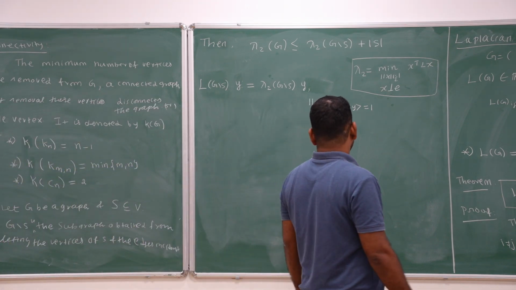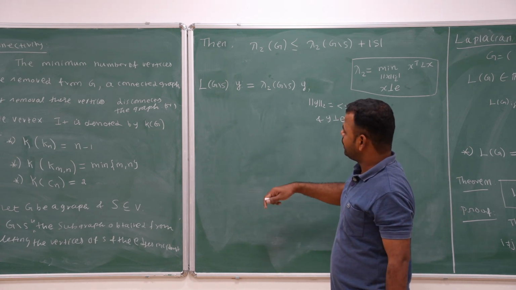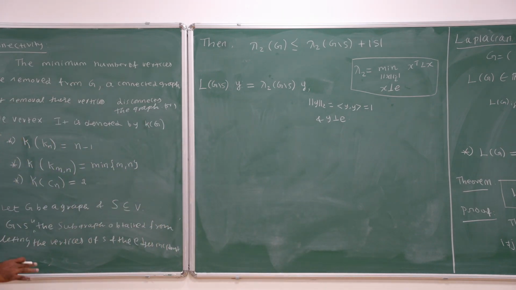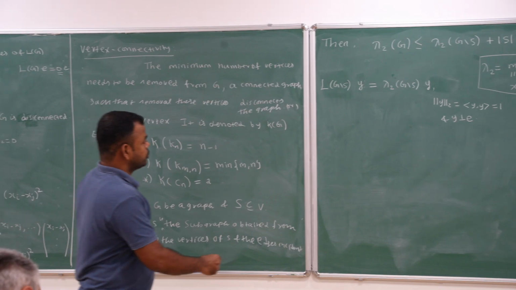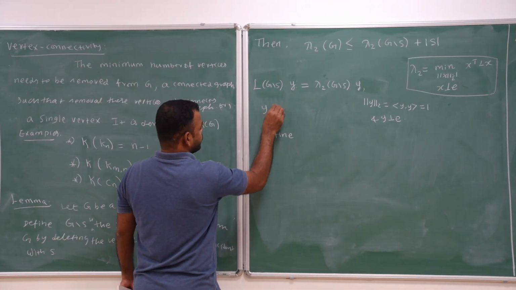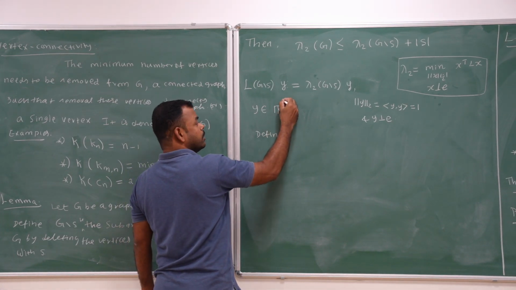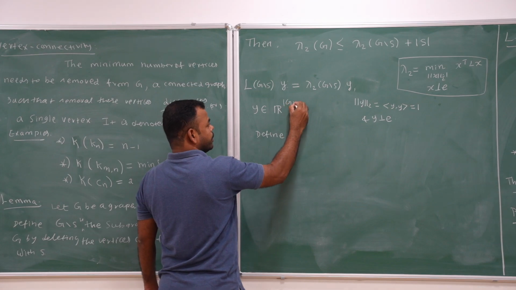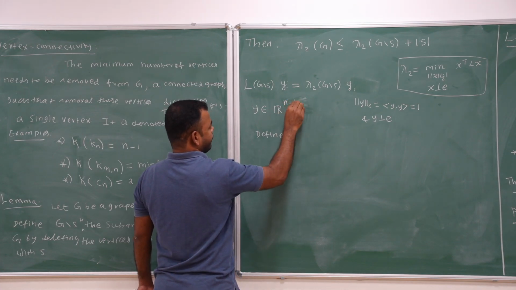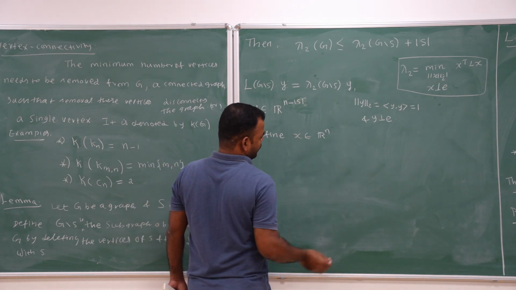Now I'm going to use this vector to construct a vector x in R^n. Maybe I didn't mention the dimension anywhere, so it's better to mention that y lives in R to the power cardinality of G minus S, that is, n minus cardinality of S. I'm going to define a vector x in R^n as follows.